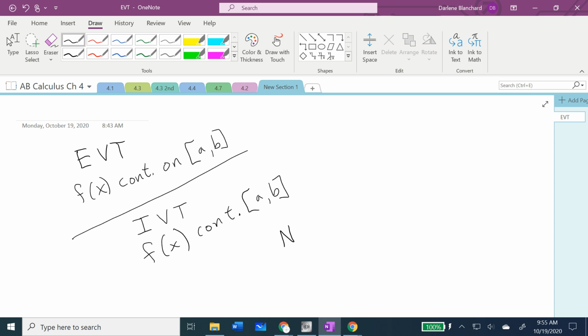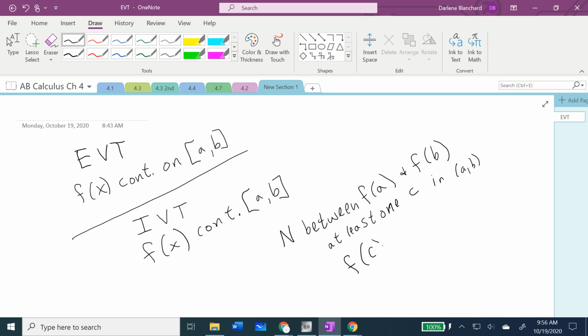It said if you have some number that is between the y values, then you are guaranteed that there will be at least one x coordinate c. That c is in the open interval from a to b, not at the endpoints, for which its function value will be that number.